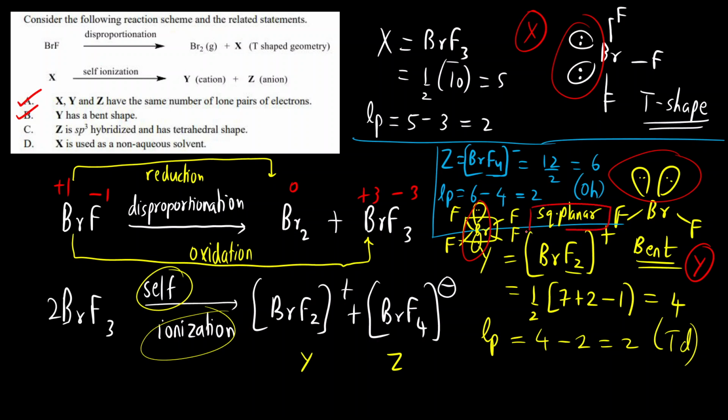It has square planar shape. So the third option is incorrect. X is used as a non-aqueous solvent. What is X? BrF3. Yes, BrF3 is used as a non-aqueous solvent. So the correct answers are options A, B, D. The options are missing here, but there will be one option with A, B, and D, and that will be the correct answer.